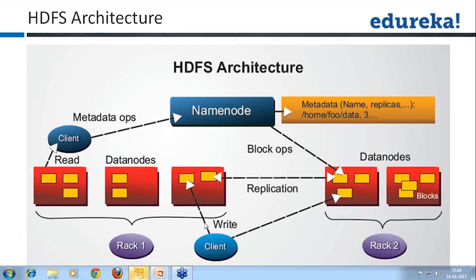Though it is called a secondary name node, it does not become an active name node if the name node goes down. It just reads the metadata from the RAM of the name node periodically and keeps on writing into a file system. Is that clear to everyone? It only keeps a backup of metadata. So if the name node fails, it does not become the name node.